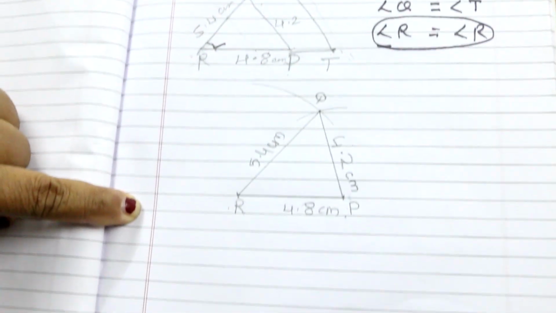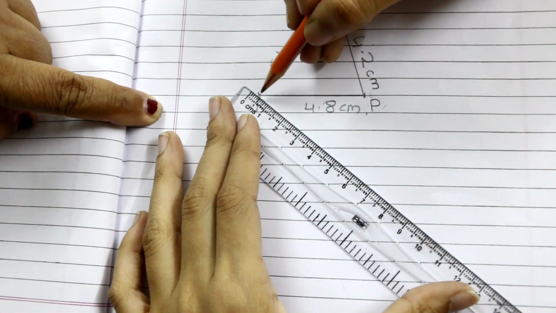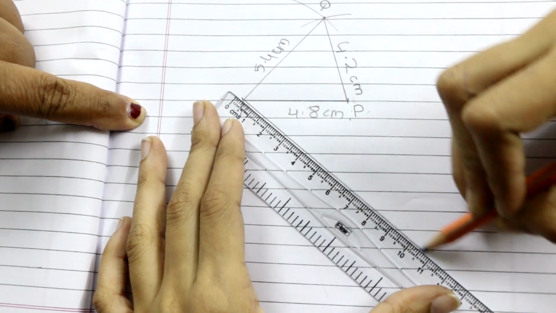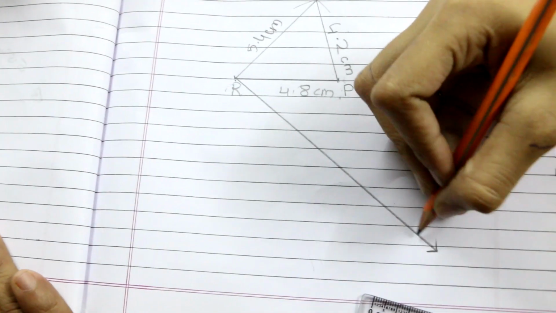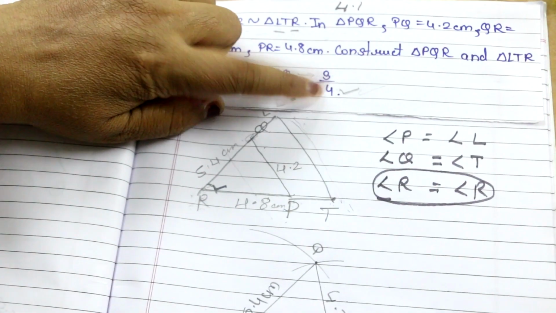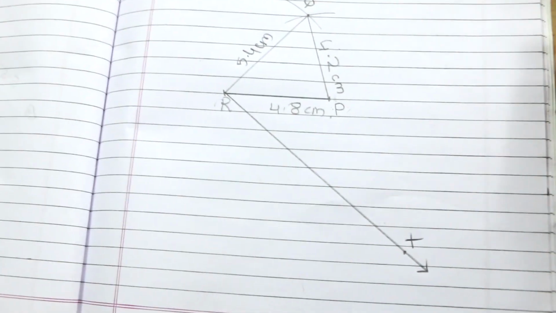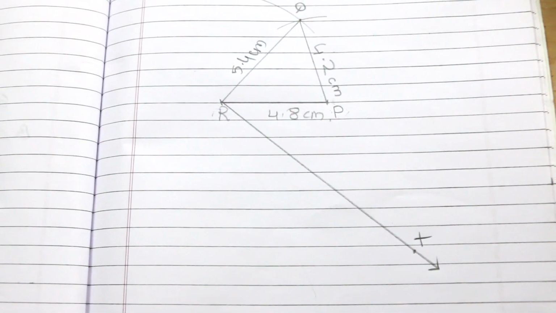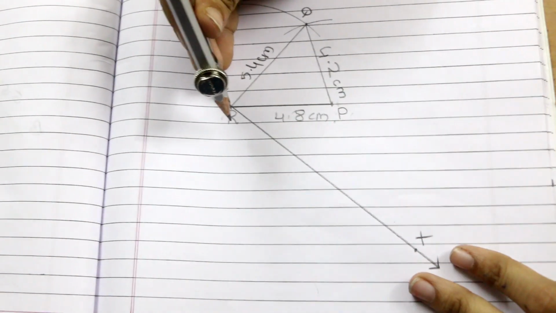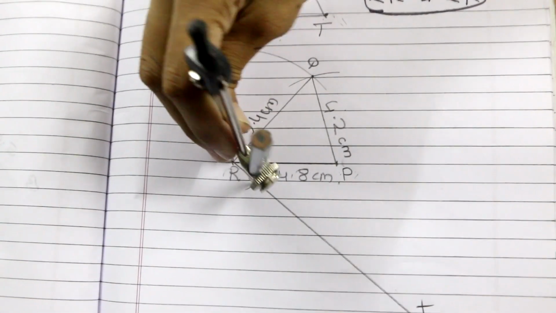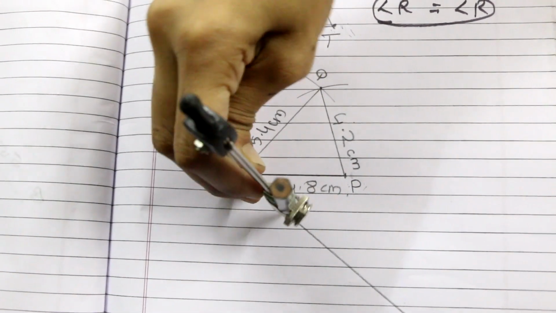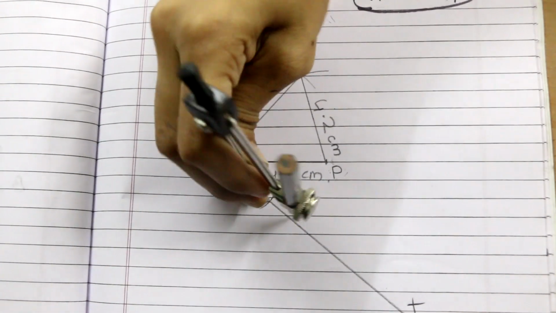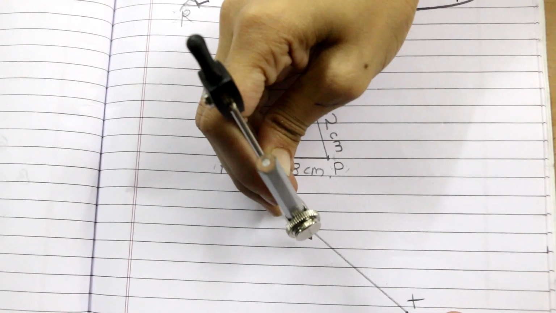We will be drawing a line X below the line RP, and see, the ratio is given 3/4. 4 is larger, so we will divide the line X in 4 equal parts. One, two, three, 4 parts.